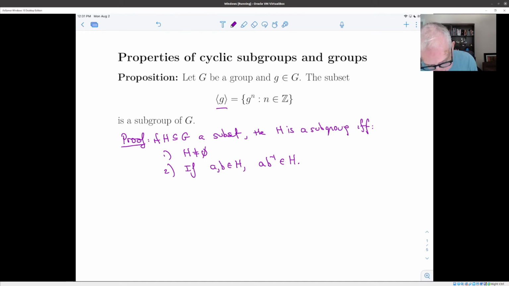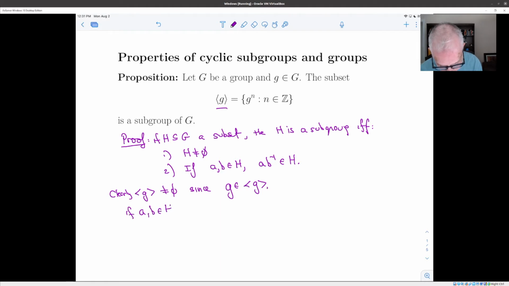So first of all, clearly angle brackets g is not empty since g is in it. So that settles point one. And for point two, if A and B are in H, then A has to be a power of g, and B has to be a power of g.